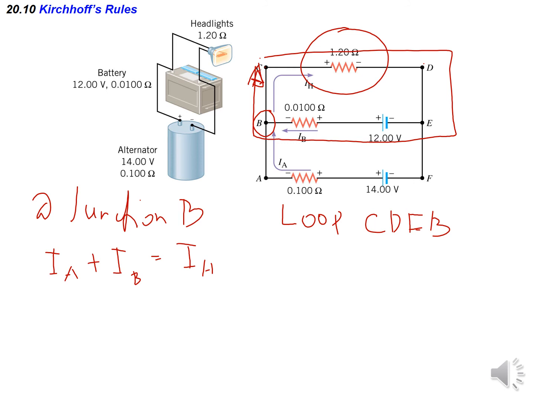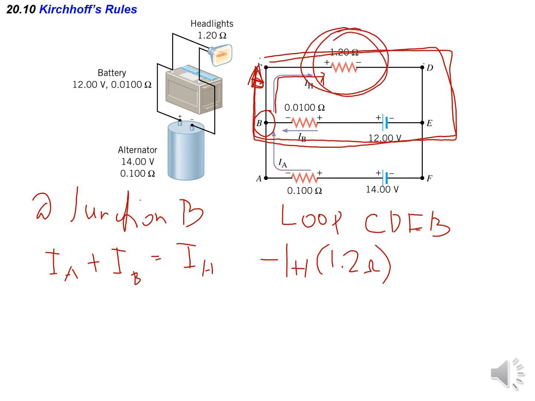Here is the direction of current, and as you can see, it has the same direction as the travel. If they have the same direction, the value is negative. So this is negative IH multiplied by the resistance, 1.2 ohms.